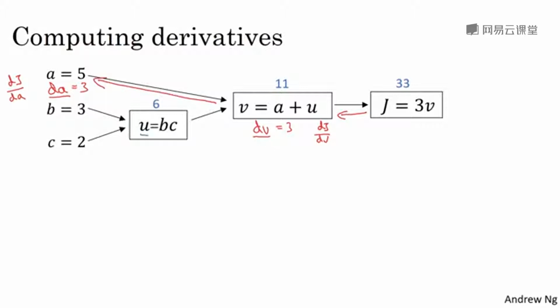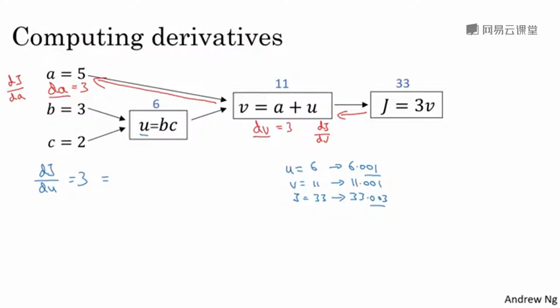Let's look at the value u. So what is dj/du? Well, through a similar calculation as what we did before, we start off with u equals 6. If you bump up u to 6.001, then v, which was previously 11, goes up to 11.001, and so j goes from 33 to 33.003, so the increase in j is 3x. And the analysis for u is very similar to the analysis we did for a.